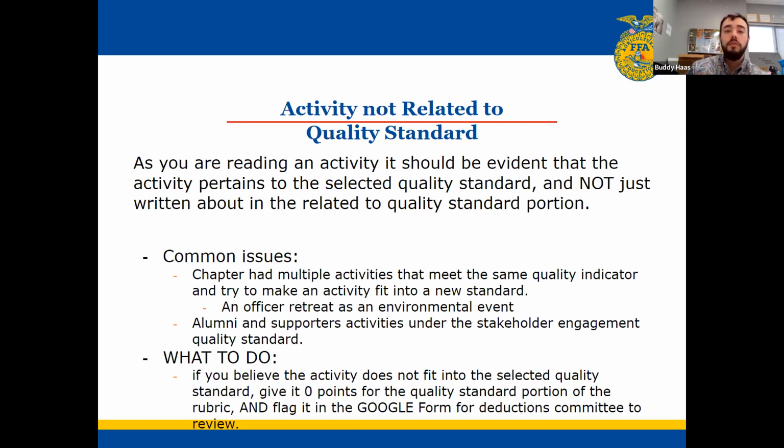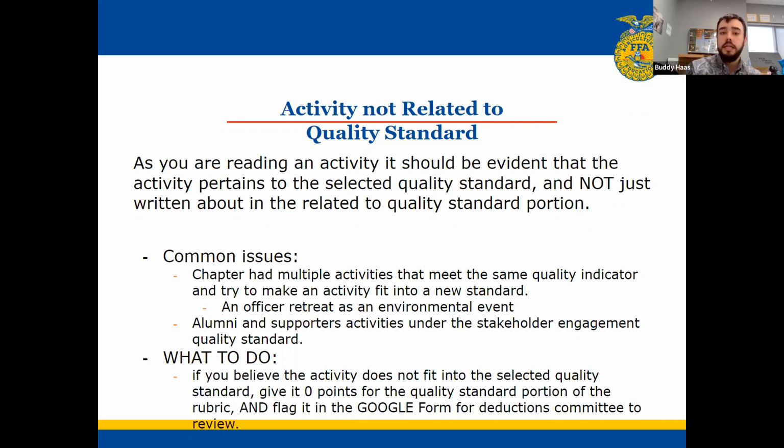So the goal of this is every activity is going to be identified under some quality indicator, whether it's leadership, personal growth, environmental, healthy lifestyles, agricultural advocacy, ag literacy, whatever it is. So previously speaking, the only part of the application that really correlated or related to the quality standard was that little 4-point piece that said related to quality standard.